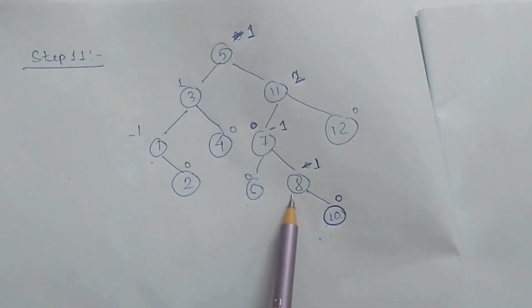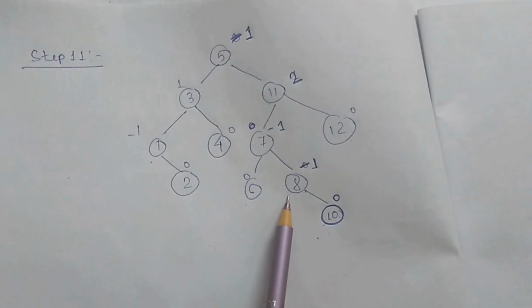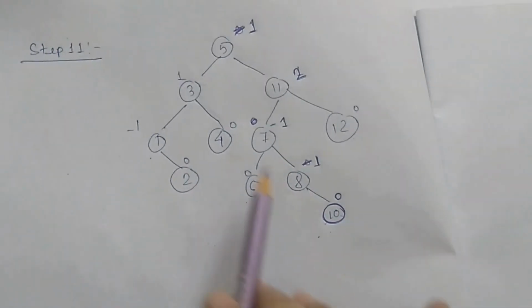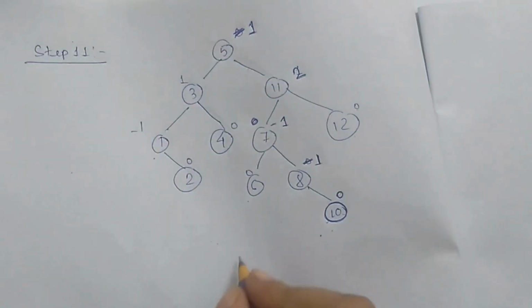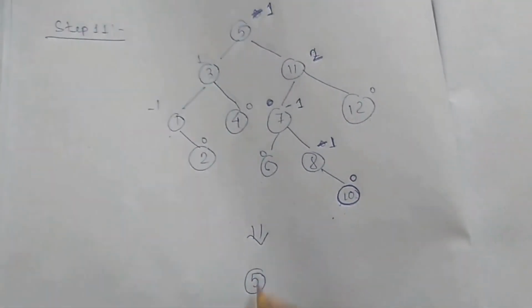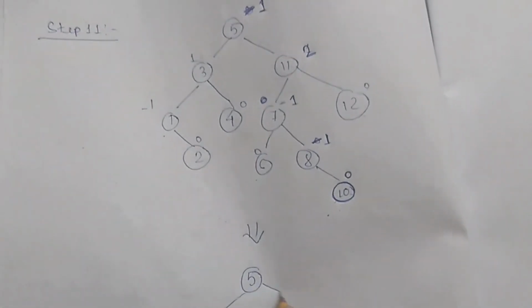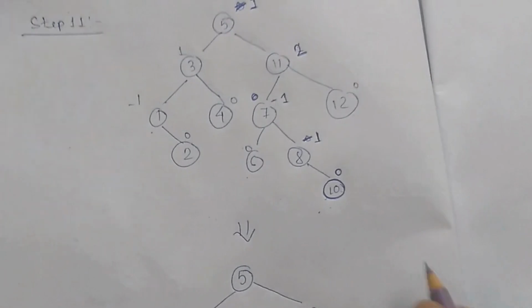If we consider the middle value, that is 8, because we always consider the middle value, for that reason the next root value of 5 is 8.